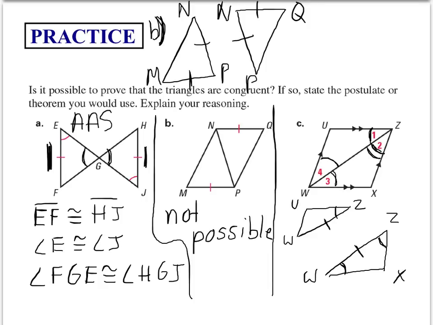But actually I'll do the double line to differentiate. So let's look at our diagram here. We have an angle, a side, and an angle. An angle, a side, and an angle. So the angle-side-angle congruence postulate is what helps us say that these two are congruent.